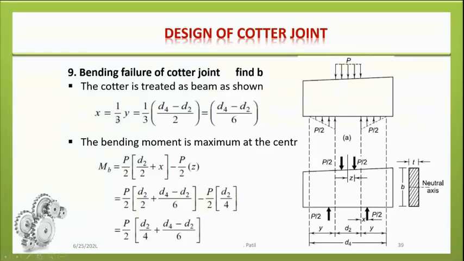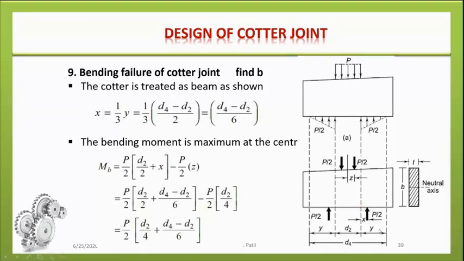Now x is equal to 1/3 of y. Where is that x? This one is your x. X is equal to 1/3 of the value of y. Y means this total length. This total length is d4 minus d2, that means this much of the length as well as this much of the length.